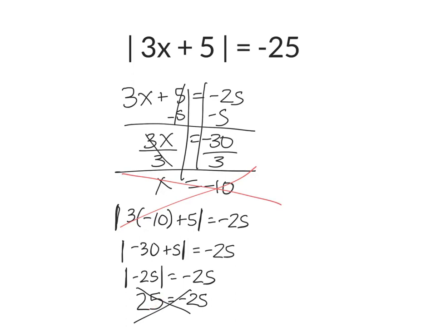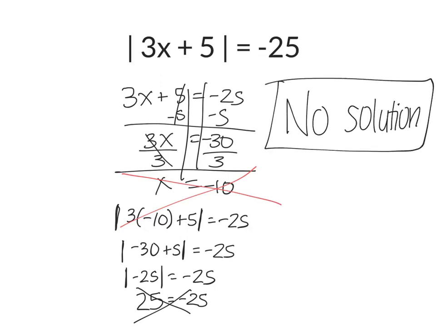It's never going to be negative. So if you see an equation with an absolute value that equals a negative number, you know that it's not possible. All you have to do is write no solution. That's all there is to it, because there is nothing that x can be that will ever, when you take the absolute value of this side here, equal a negative, so there's no solution for x.